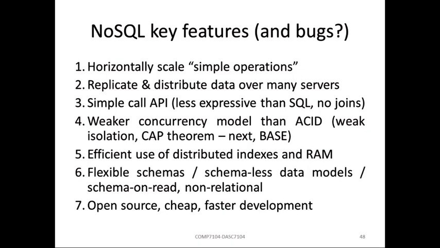Third important feature, oftentimes they provide simple query languages, simple call APIs, often less expressive than the SQL language. And in particular, we will see that oftentimes the query languages of NoSQL systems have no support for complex operations such as joins. This will be the case in the Apache Cassandra system.